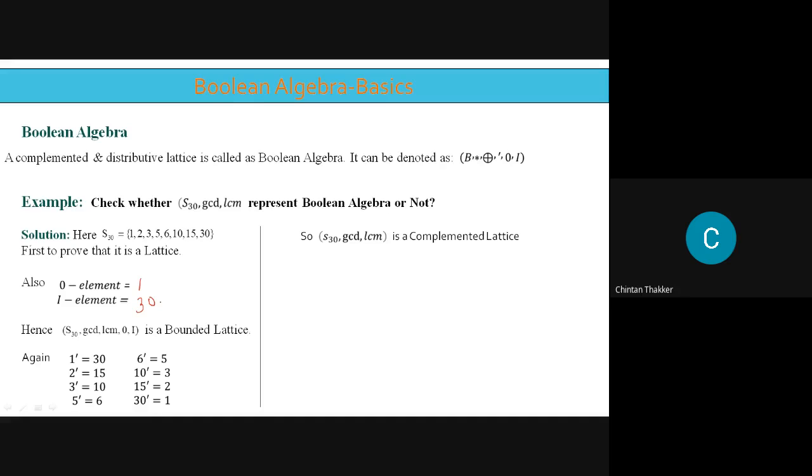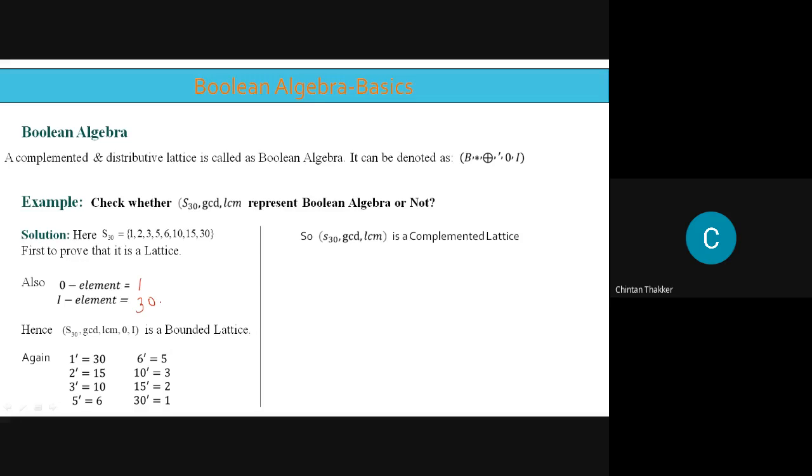Then 2 and 15: the GCD of 2 and 15 is 1, the LCM of 2 and 15 is 30. So therefore 2 has complement 15 and 15 has complement 2.